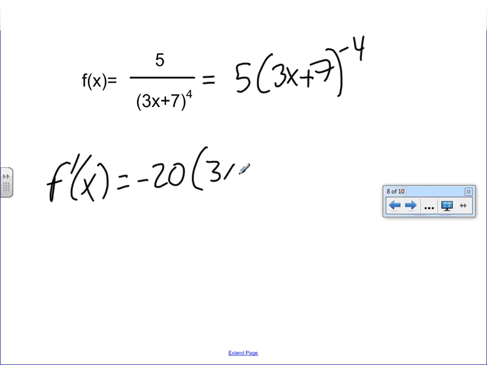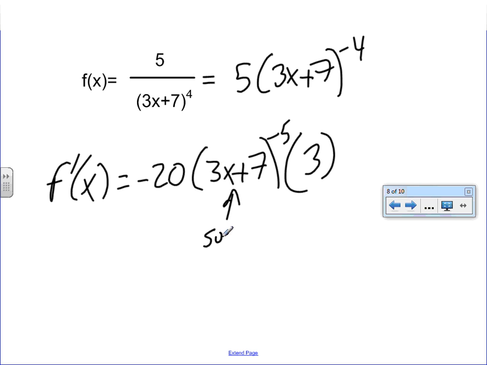Don't change that piece of stuff, to the negative 5th. Got to include the derivative of the something, 3. This is the something, and this is the derivative of the something.